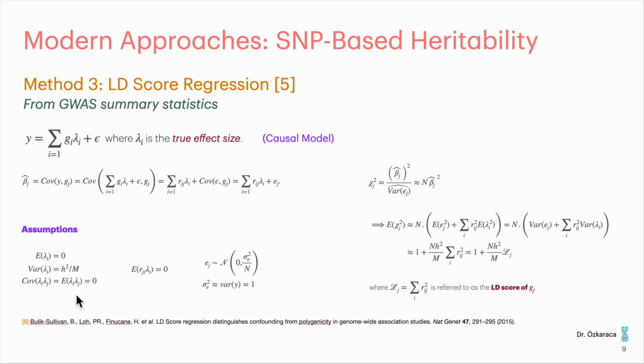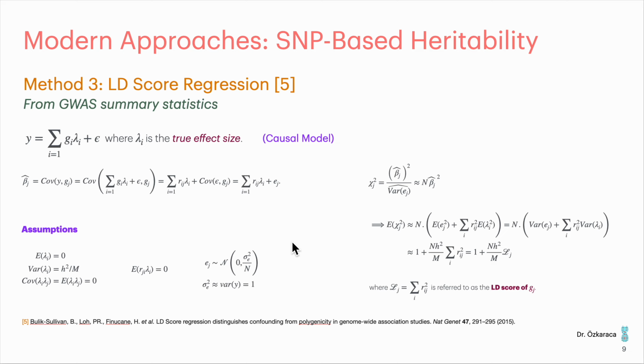One is a kind of orthogonality of causal effects, indicating that the causal effects are assumed to be uncorrelated with one another. The second is that the mean of the indirect effect sizes is assumed to be 0. The last group of assumptions is about residuals: the residual terms, the random noise, follow specific distribution properties to ensure model validity.